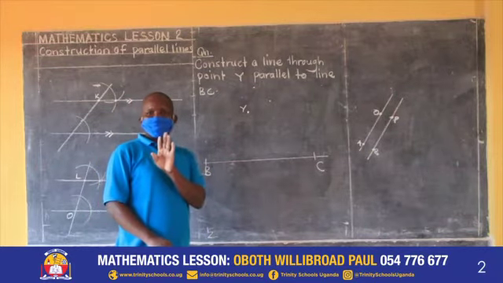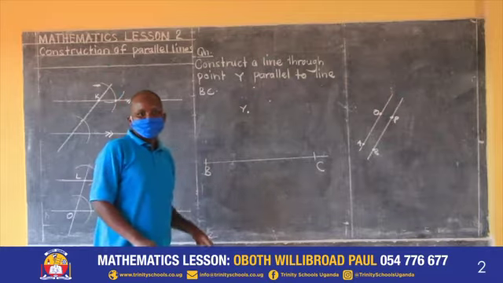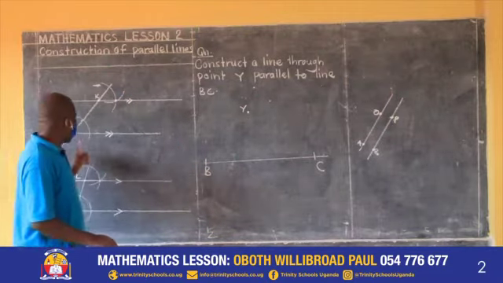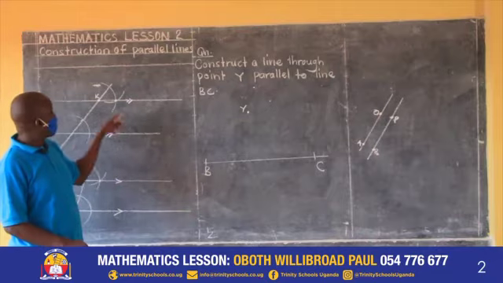Here they have simplified your work a bit, because already they have given you one of the lines. They have given you, for example, this one. And they have given you this point.